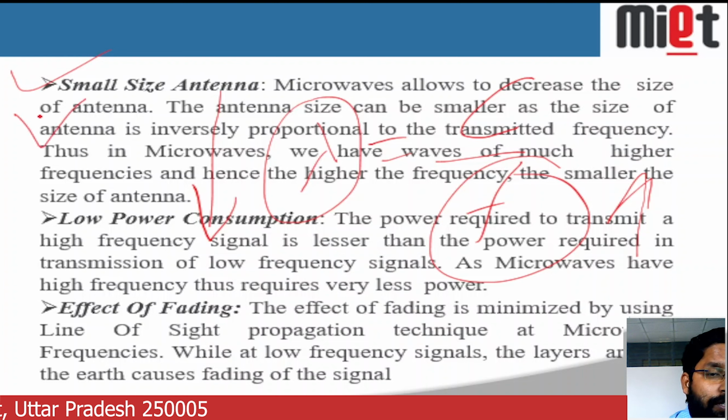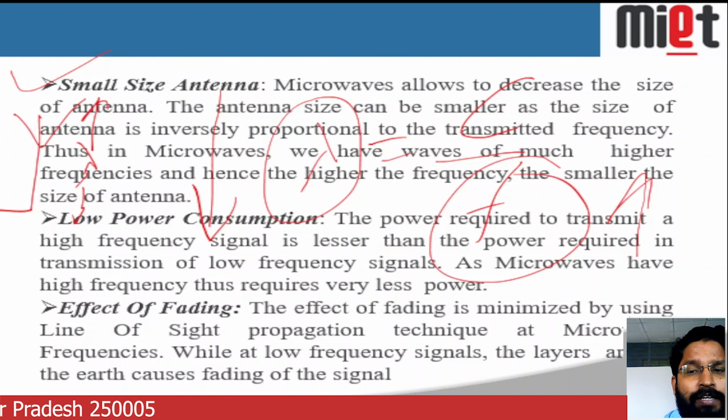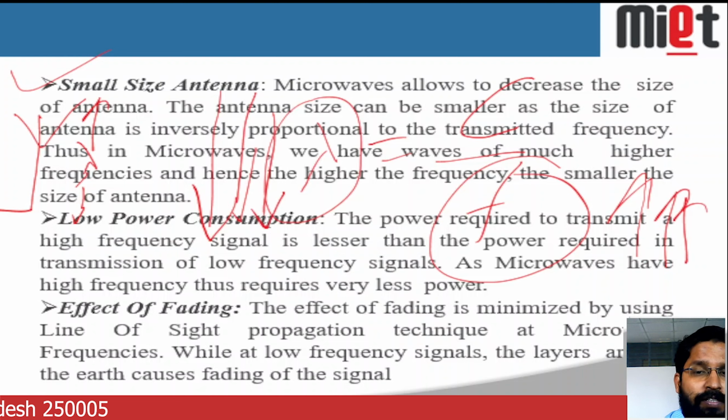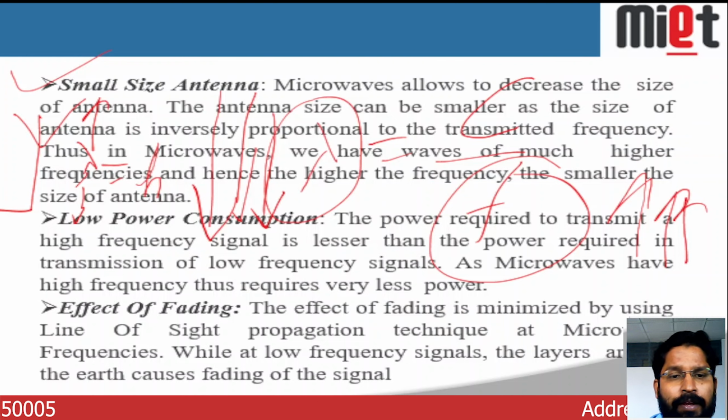Suppose this is the antenna and this is lambda. As frequency increases, lambda decreases, so the height of the antenna decreases. And microwave also has low power consumption.